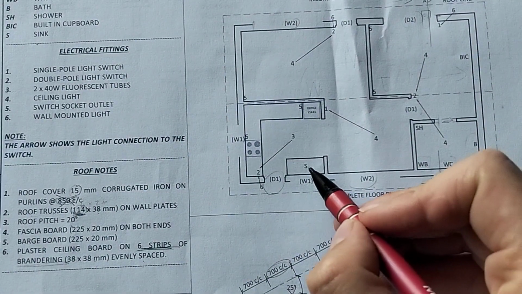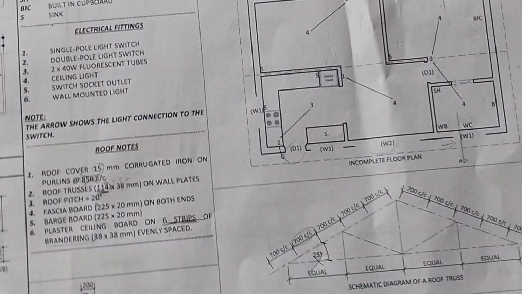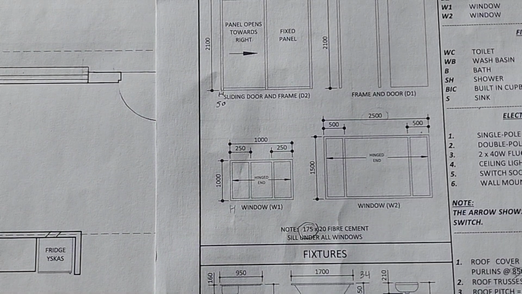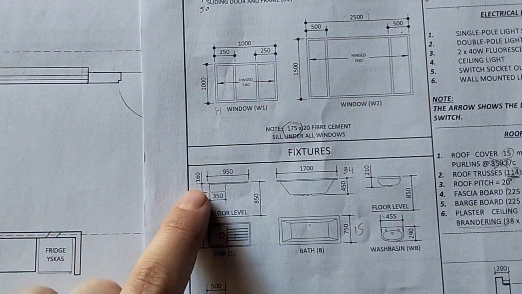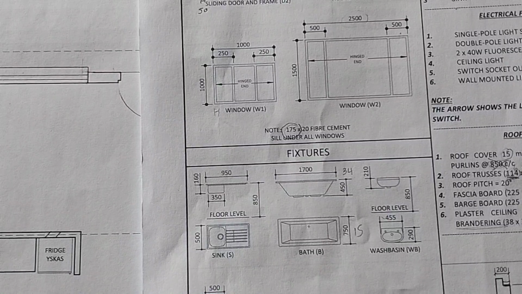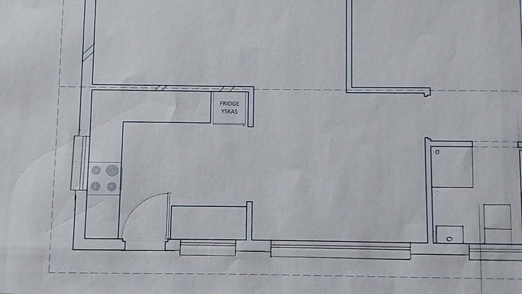Here should be a sink, and the thickness will be 10 millimeters, and 950 divided by 50, 10 by 19. You should put your sink in here.